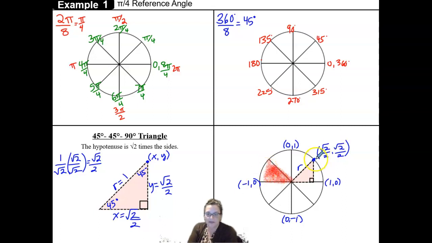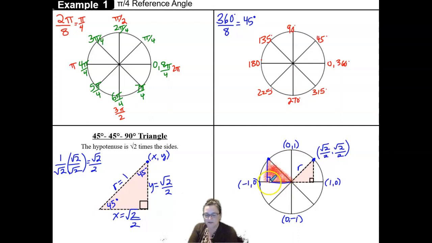That means I'm taking this point, root 2 over 2, comma, root 2 over 2, and reflecting it over the y-axis. So now it has the same vertical distance of y, but the horizontal distance, its magnitude, is the same.